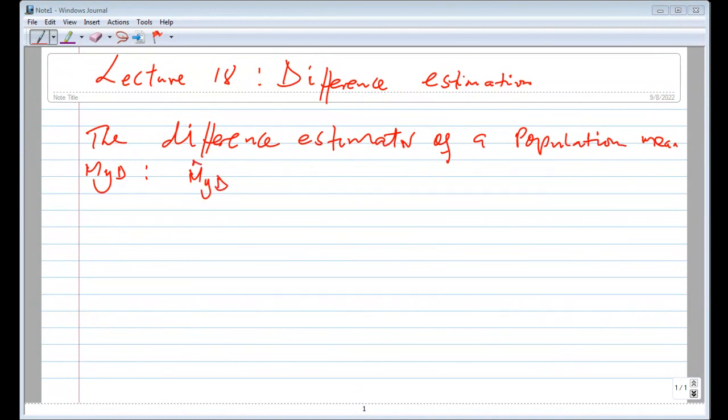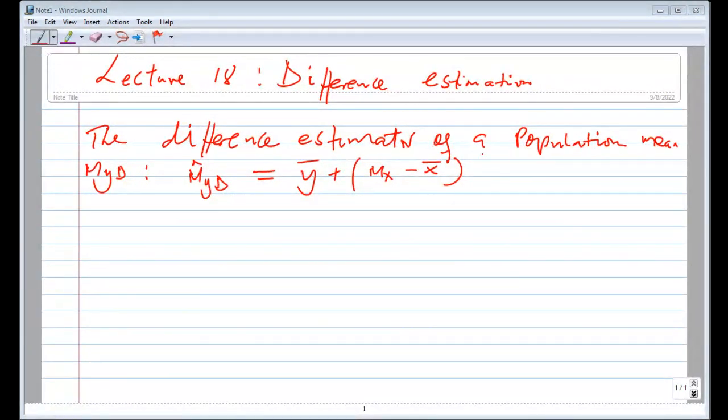We're estimating the population mean under difference estimation, which is equivalent to y bar plus open brackets mu x minus x bar close bracket. So this is the formula that you can use if you want to estimate the population mean under difference estimation.